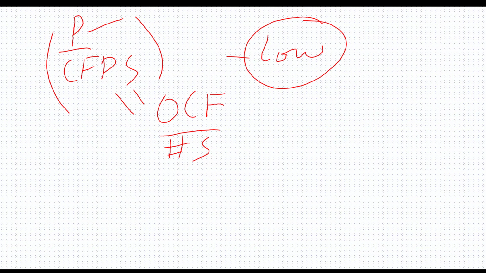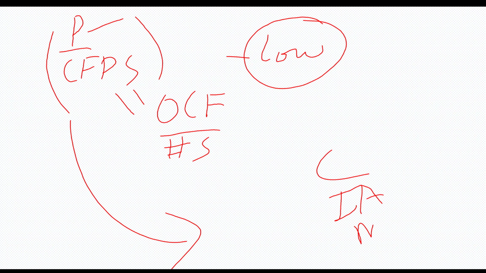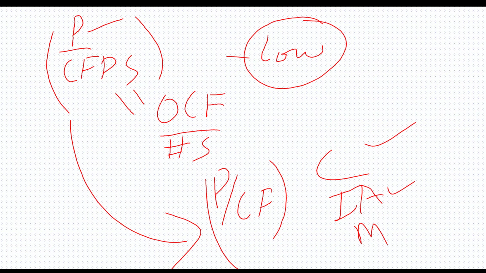Again, you have to compare all these ratios that you compute with the competitor, industry average and the market. So you compute this price to cash flow ratio for your company, and you compute the same ratio for competitor, industry average and the market, and you compare.